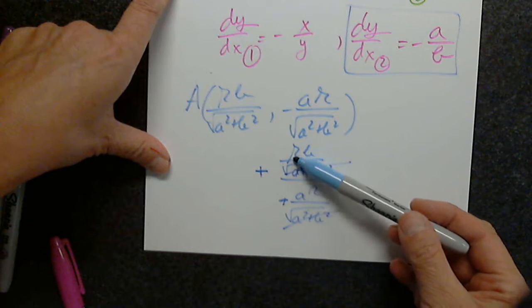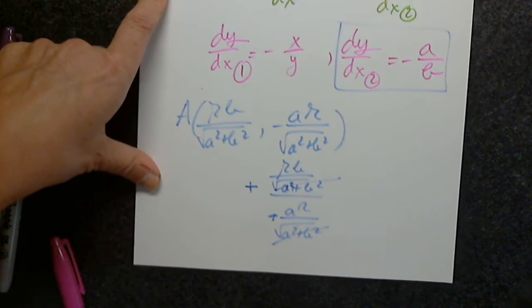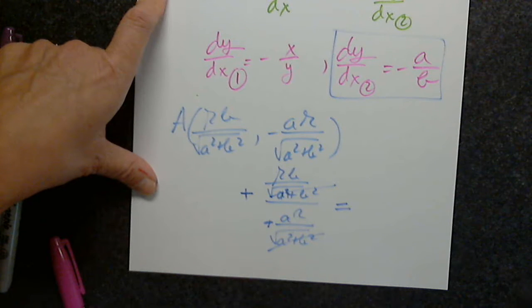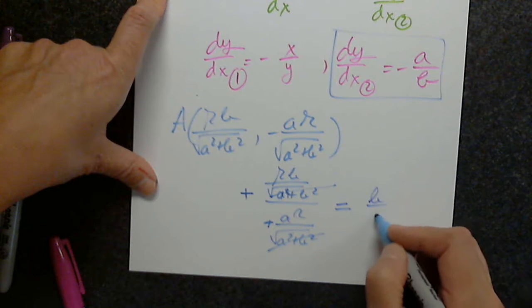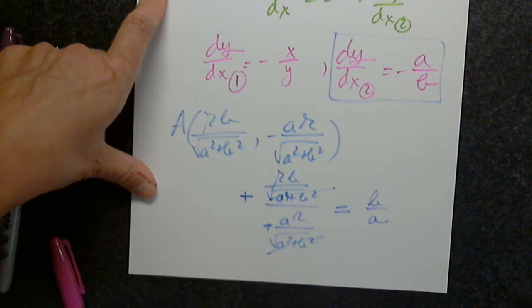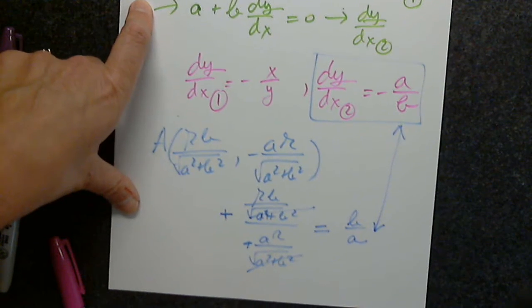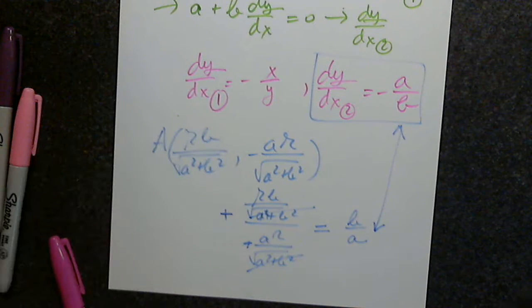So I end up having RB over AR. So what is this answer? B over A. Is this product -1? So I know now that at least at point A, which is one of the 2 points of intersection, the 2 families of functions are orthogonal trajectories.